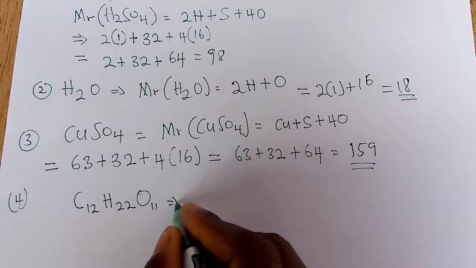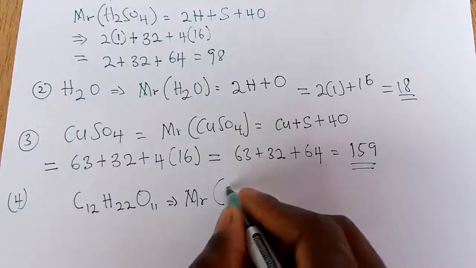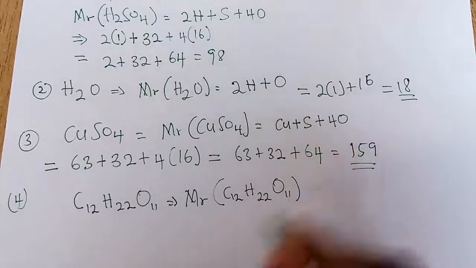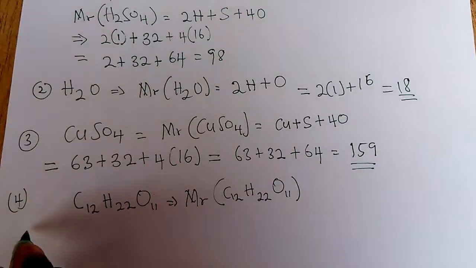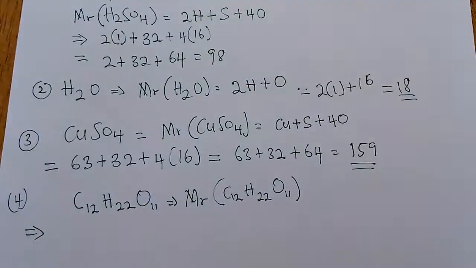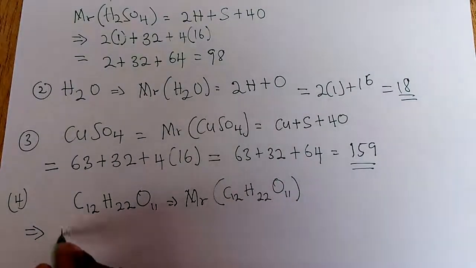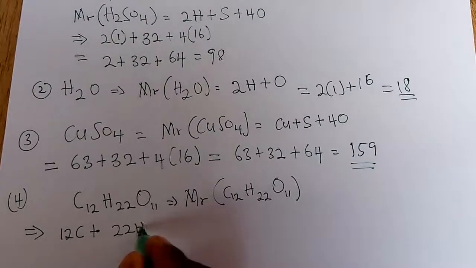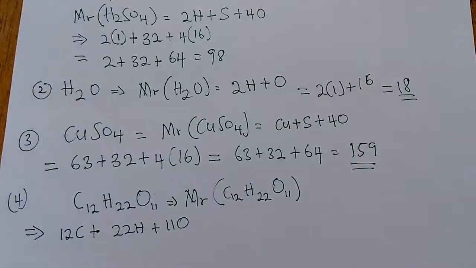So all you need to do here is calculate the relative molecular mass of sugar, which is C12H22O11. Okay, so we just need to introduce our relative atomic masses. So how many carbon atoms do we have here? It is 12. So I have 12 carbons plus 22 hydrogen plus 11 oxygen, like this.